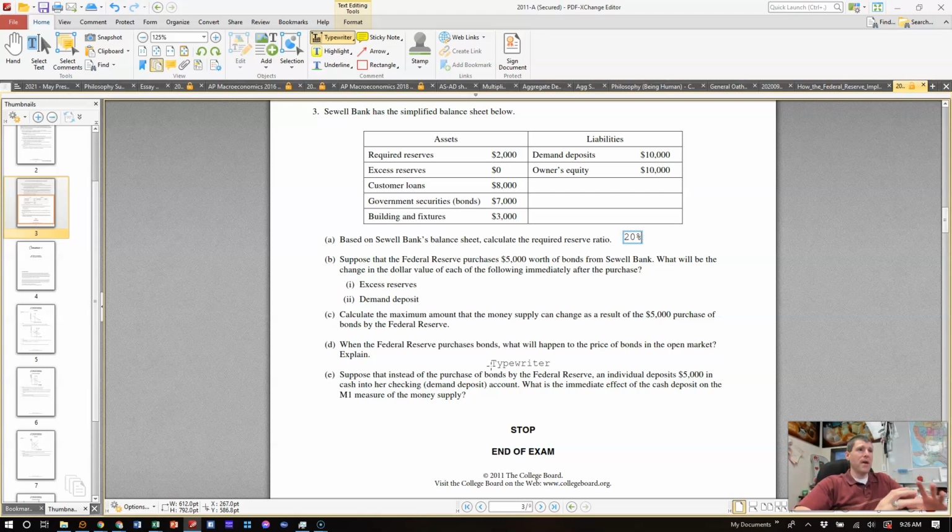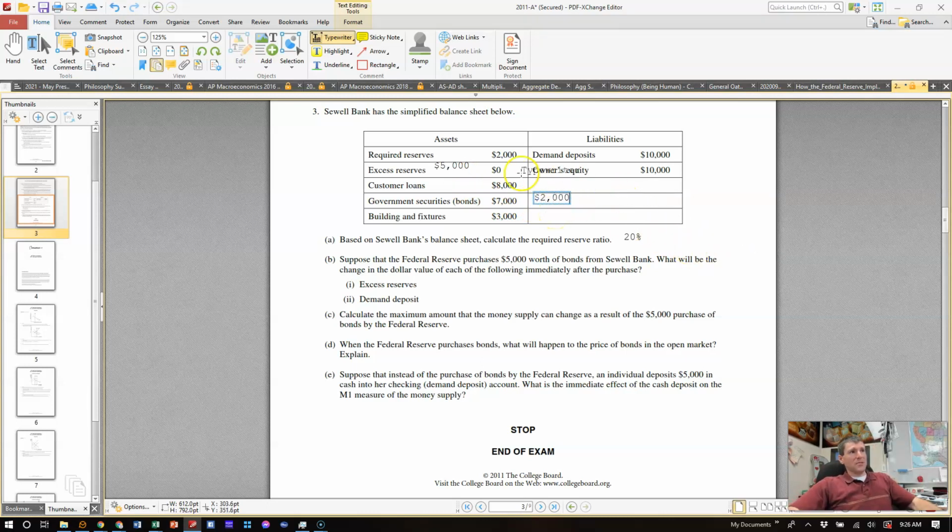The Fed is paying Sewell Bank for the bonds. So actually what is happening up here is excess reserves is increasing by $5,000, and government securities is going to be going down to $2,000.